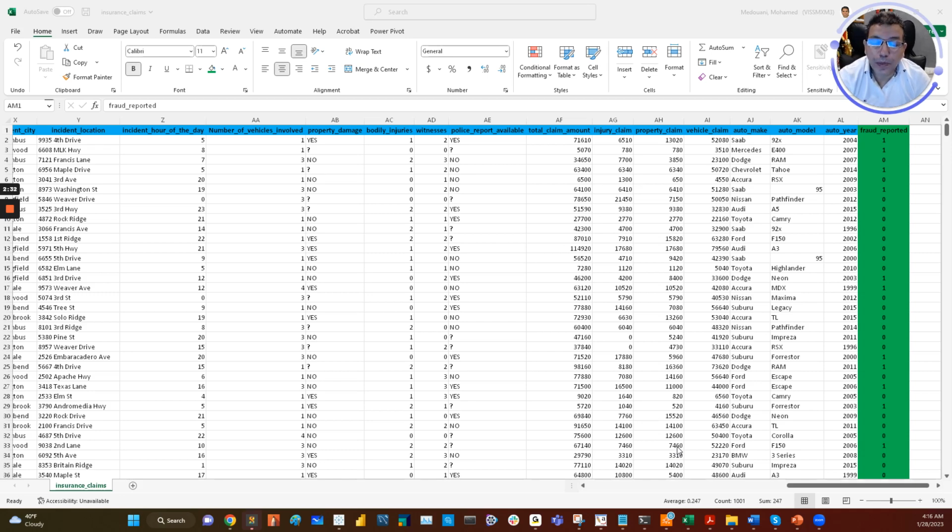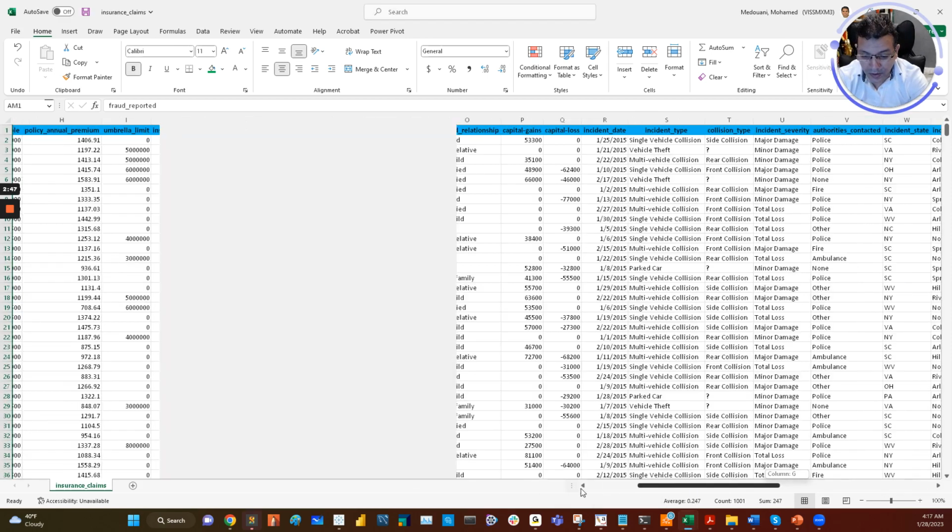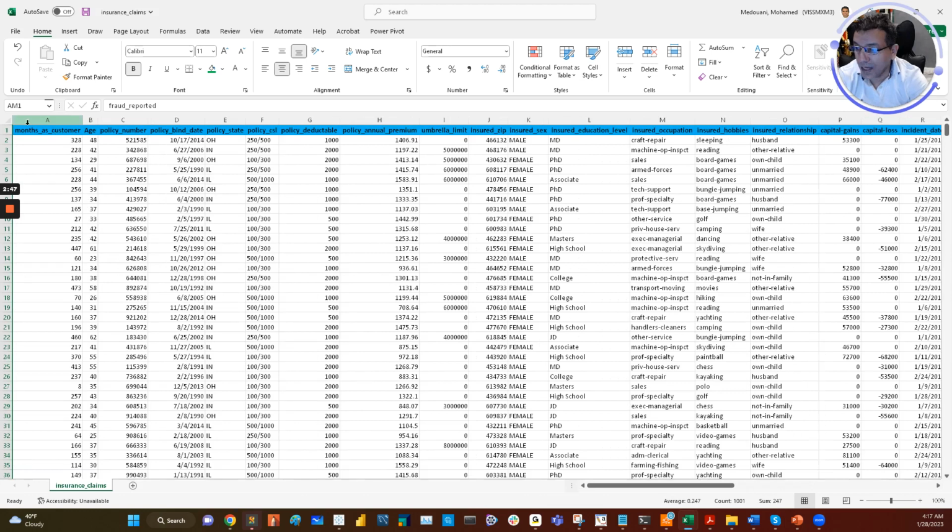This data was pulled from different departments or different domains. If you look into this data, we got some data from the client, the customers. We got some data from the policy.